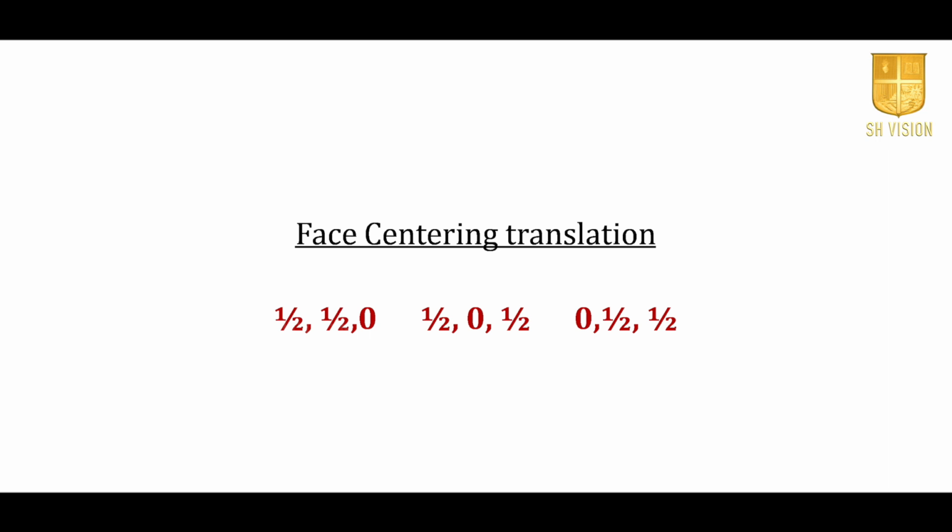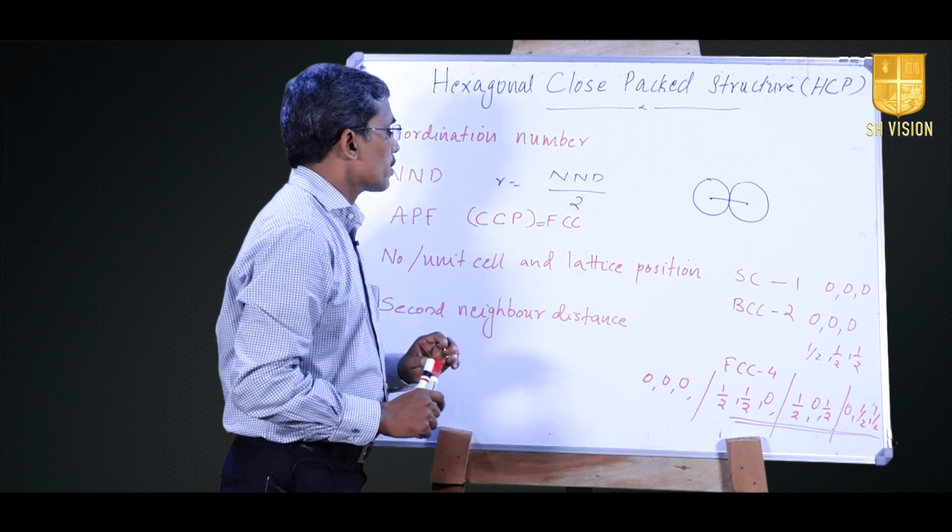These three are known as face centering translations. By repeated application of these three translations on any of the lattice points in face centered cubic system, we will be able to reproduce the complete face centered cubic crystal structure, or space lattice. So that is number of atoms per unit cell.